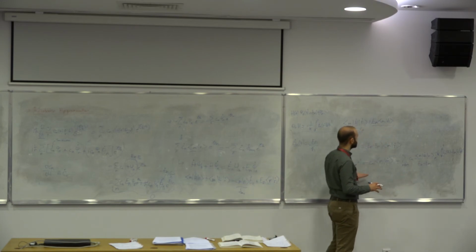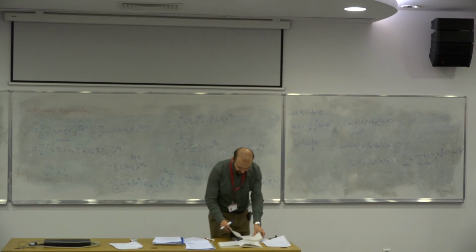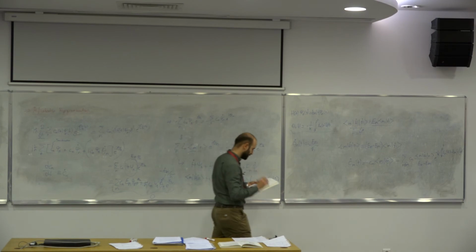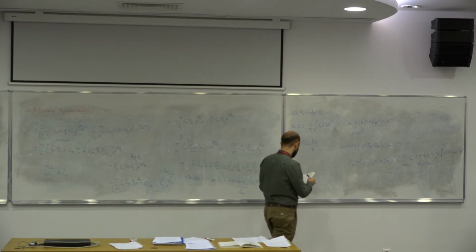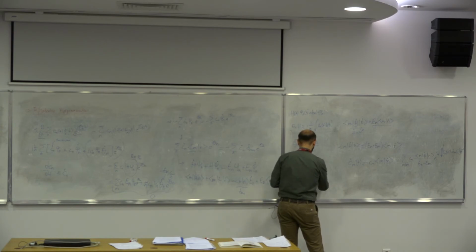So this is an explicit expression that gives us how the coefficients will change under the influence of a changing Hamiltonian. Now things will become much simpler when I do this approximation.